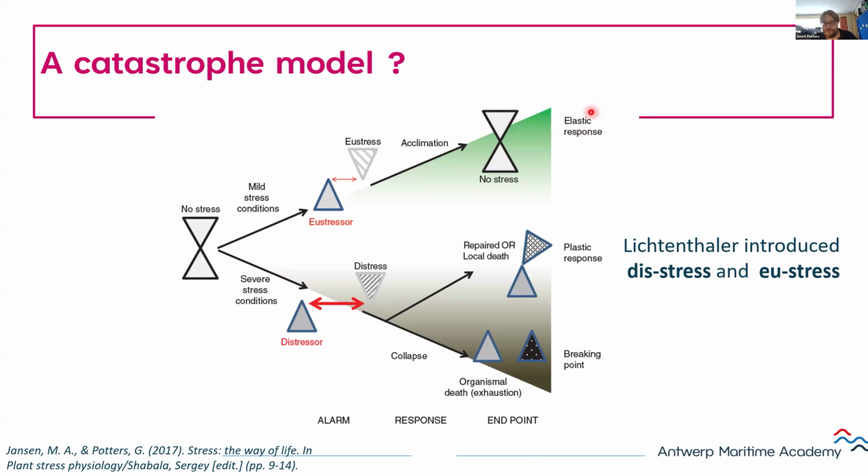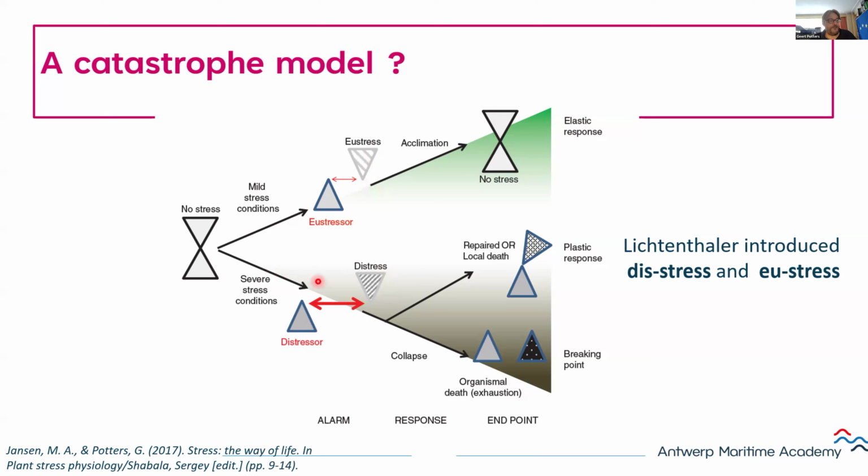For the people that want to have a parallel with physics and engineering, call this an elastic response. The plant gets pulled away from its ideal position and will go back to that same state again. Maybe it has changed the way it grew a little bit, but it keeps on growing happily ever after.